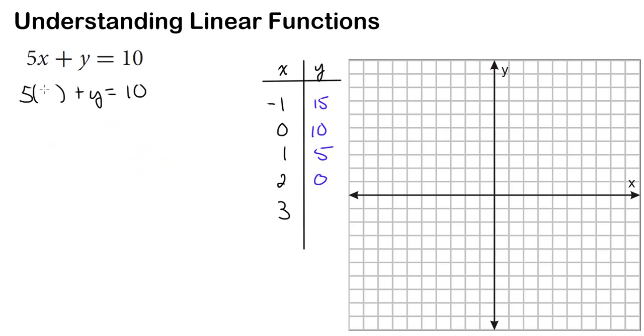And when x is 3, 5 times 3 is 15, plus y equals 10. Subtract 15 from both sides, and I get y equals -5.